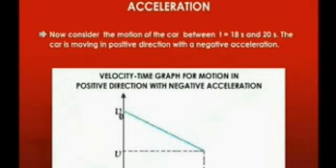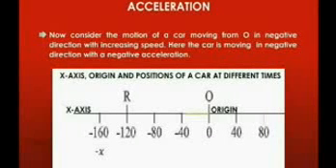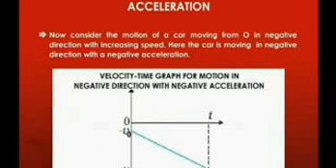In this case, the car is moving in positive direction with a negative acceleration, and hence the velocity time graph looks like this. Now consider the motion of a car from O in negative direction with increasing speed. Here, the car is moving in negative direction with negative acceleration, and hence velocity time graph looks like this.